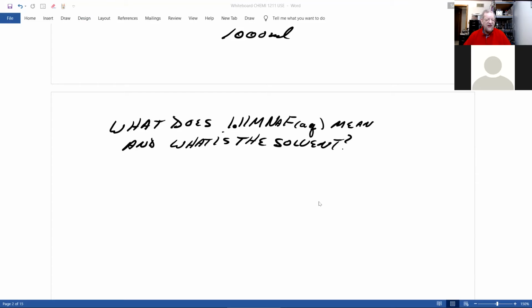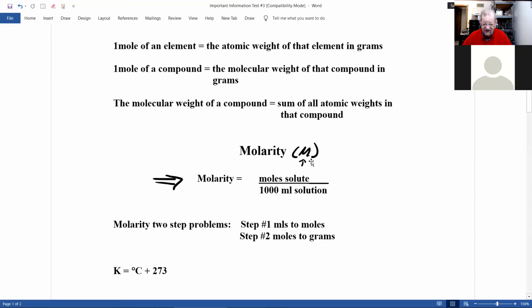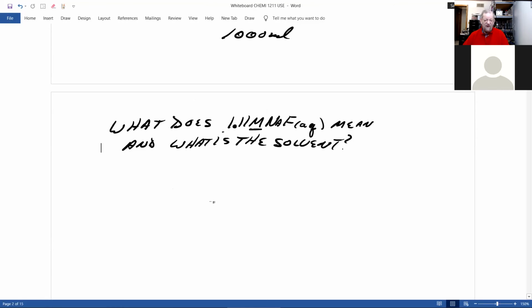All right, let's get going. As soon as you see capital M, that's molarity. And in case you forgot what that means, molarity is moles of solute per 1,000 milliliters of solution. Therefore, what does this mean?